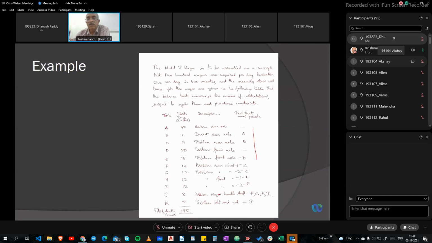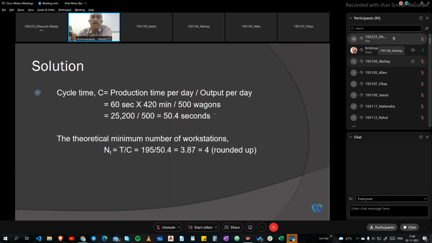Hello, you have to turn out how much? For every 50 seconds, you have to turn out one toy, right? We are trying to find the theoretical number of workstations needed to complete one toy at the rate of 50 seconds.